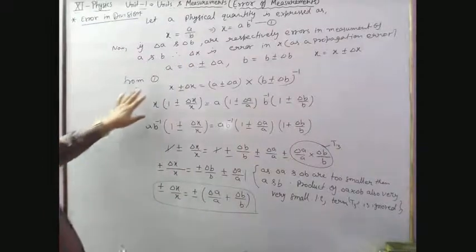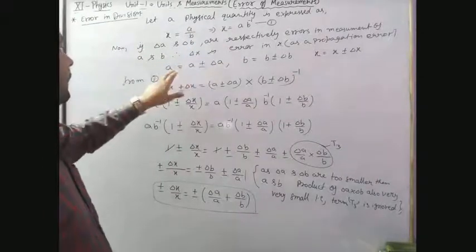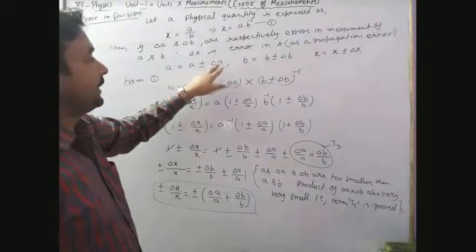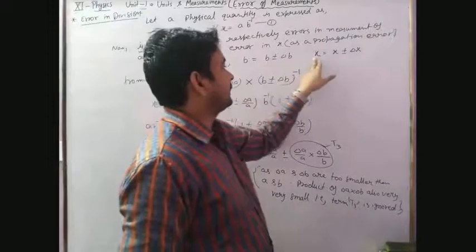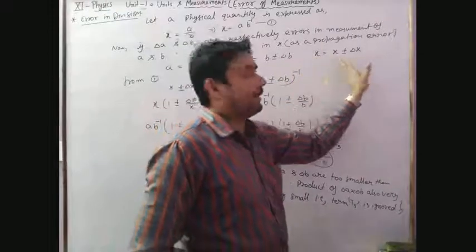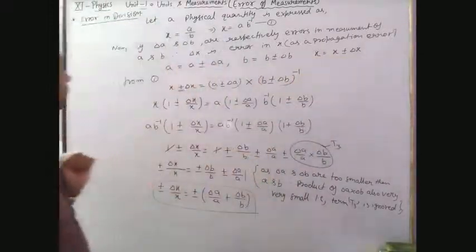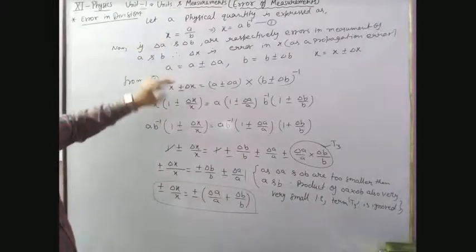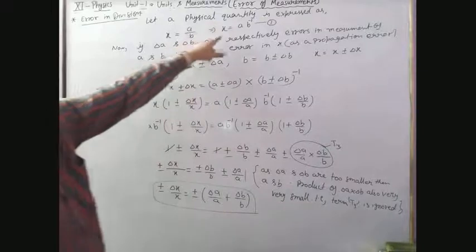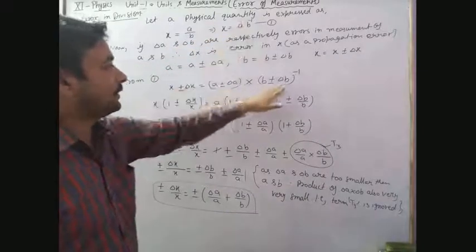Then we can write A as A ± ΔA, B as B ± ΔB, and x as x ± Δx. Okay, now from the first equation, we write x with the values of A and B put in this way.